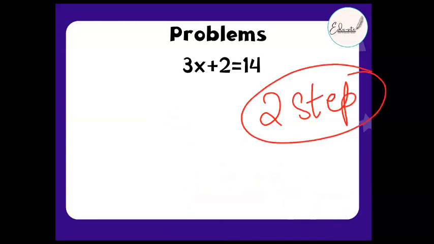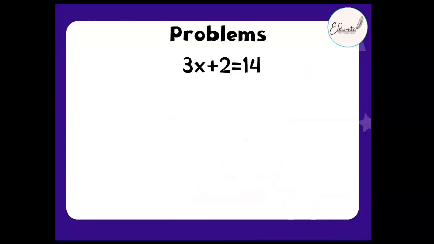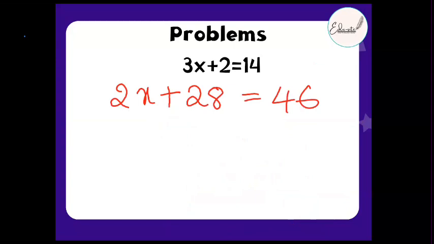I'll give you another problem here. Please solve this down. Okay, 2x plus 28 is equal to 46. Come on, solve this down. Okay, so first we would want to get 28 out of the way.